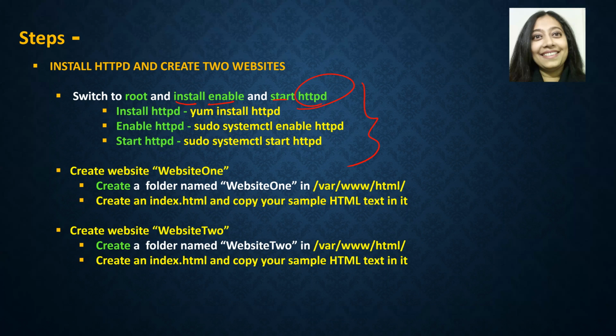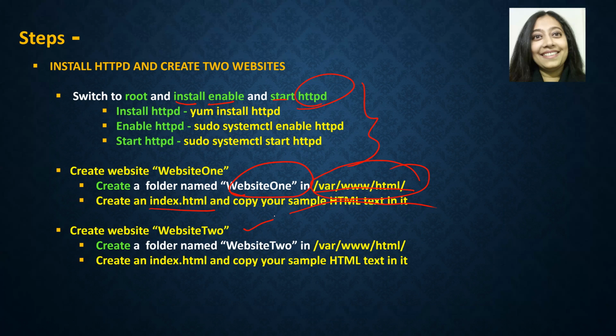In order to do that, we will create a folder named website1 on this path. So we will switch to this path and then create this folder. In this folder, we will create index.html, wherein we will paste our sample HTML text. And we will repeat the same set of steps for website 2. If you have more than 2 websites, it's the same set of steps.